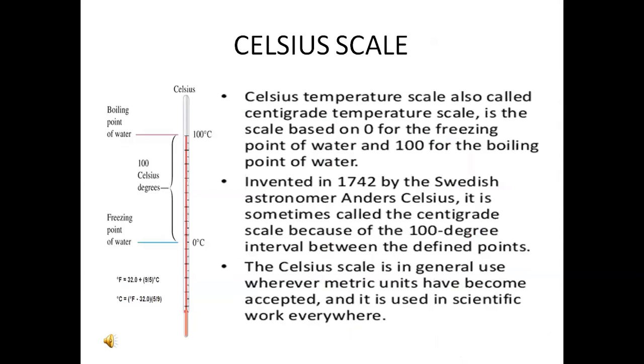Invented in 1742 by the Swiss astronomer Andreas Celsius. It is sometimes called the centigrade scale because of the 100-degree interval between the defined points. The Celsius scale is in general use wherever metric units have become accepted, and it is used in scientific work everywhere.